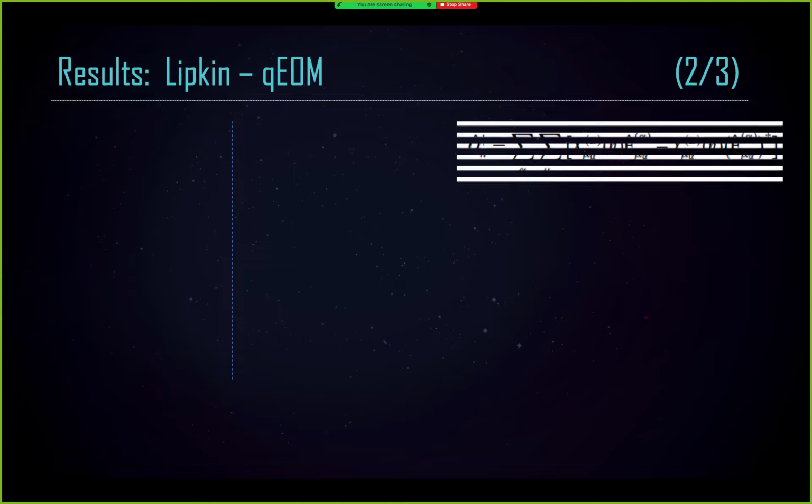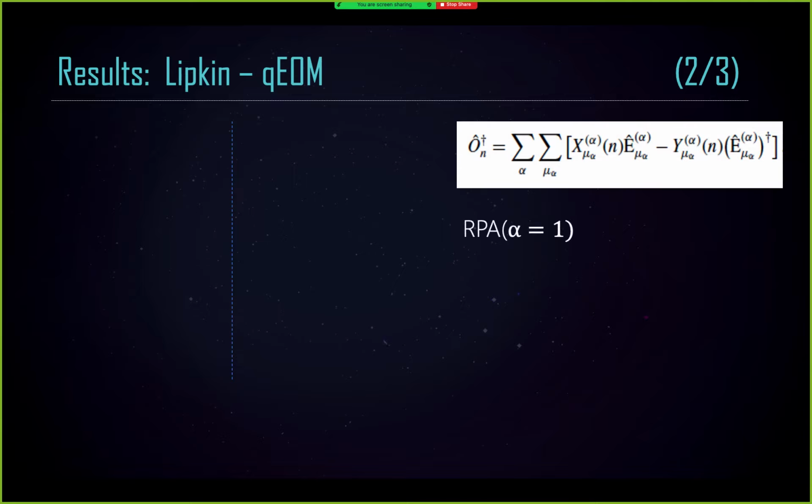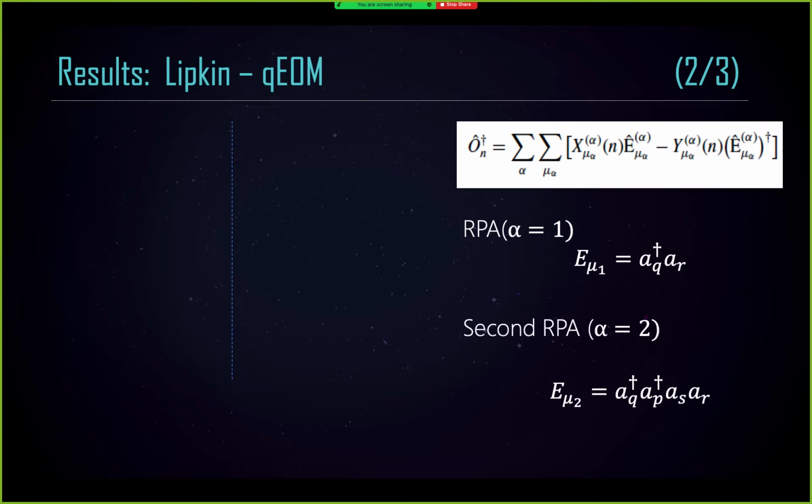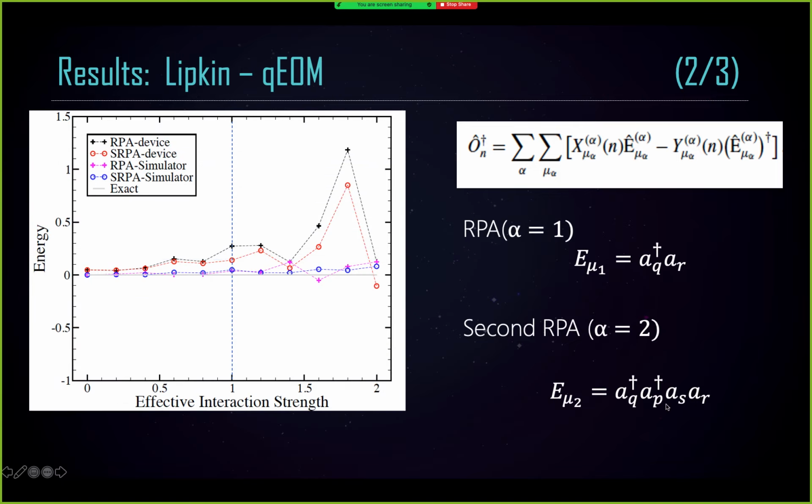All right, the other thing that I told you about is that we are interested to look at what happens when we increase the excitation complexity. For RPA, it's alpha equals 1. For second RPA, it's alpha equals 2. That means one-body and two-body. If we look at the results, we can only compare the first excited state, so we can compare RPA and second RPA.